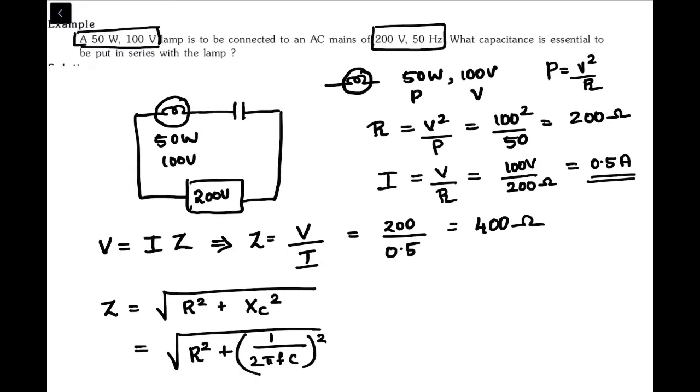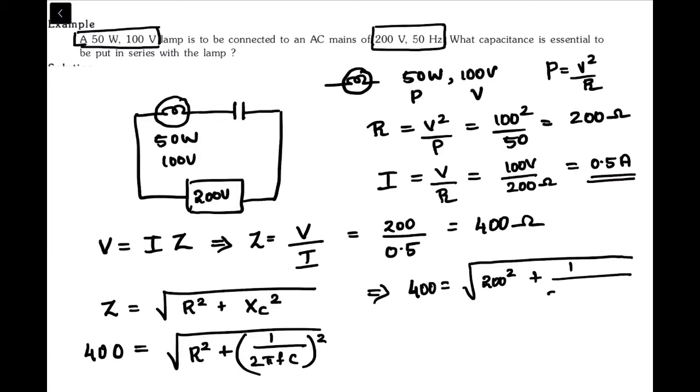Our impedance value is 400. So by substituting in the entire equation, 400 equal to root of, what is our resistance value? Our resistance value is 200 square plus (1 by 2 pi into 50 into C) whole square.